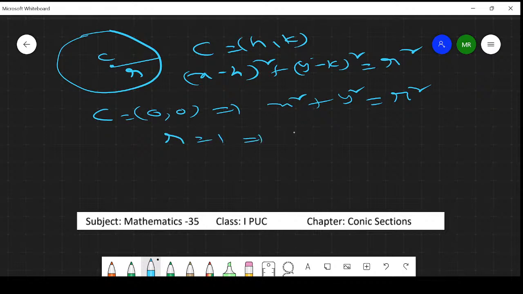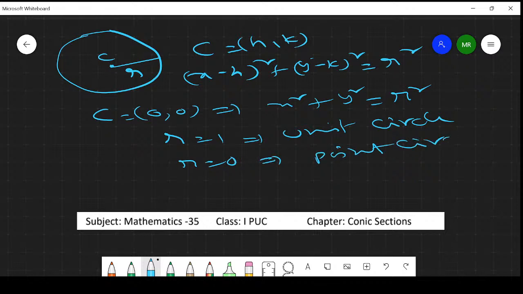When r is equal to 0, we can say point circle. So r equal to 1 is a unit circle, r equal to 0 is a point circle.